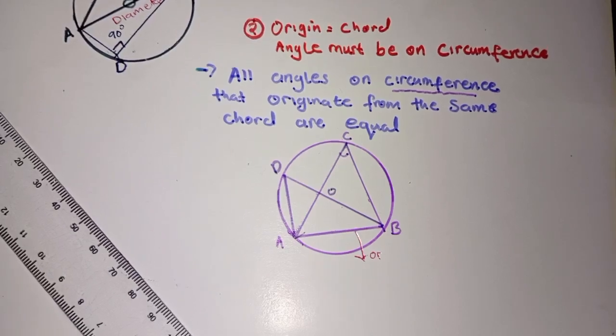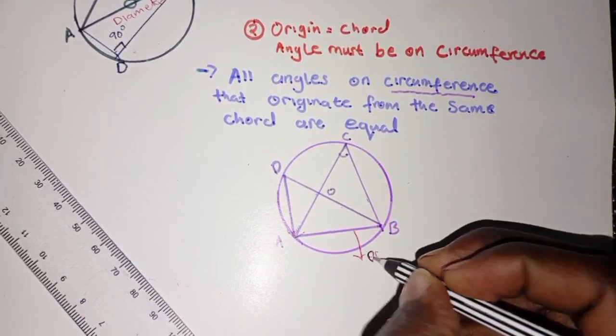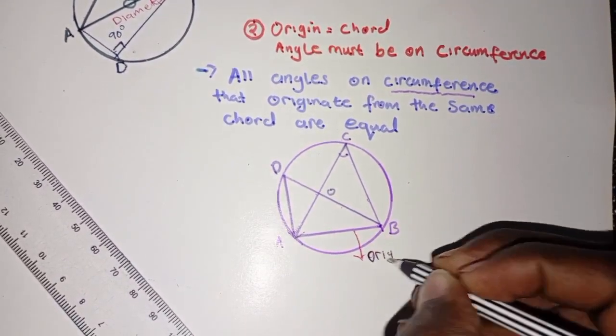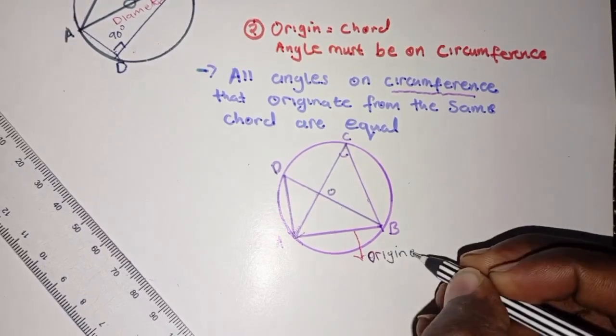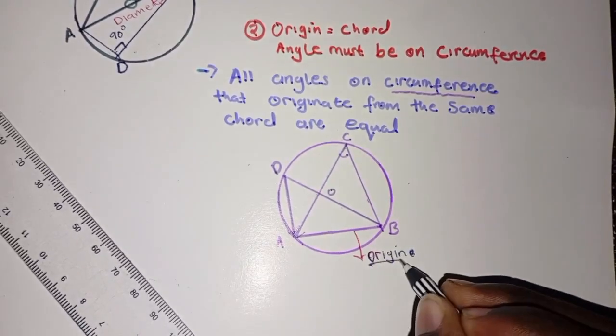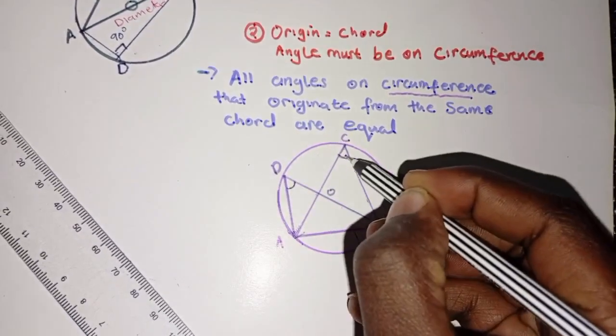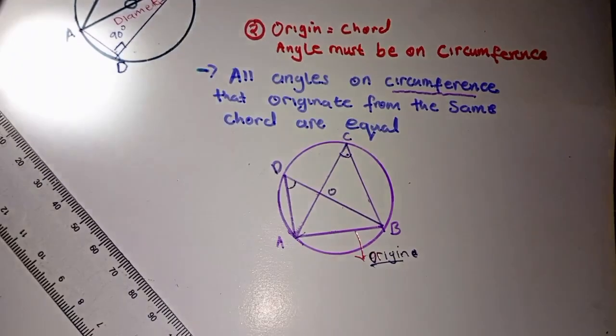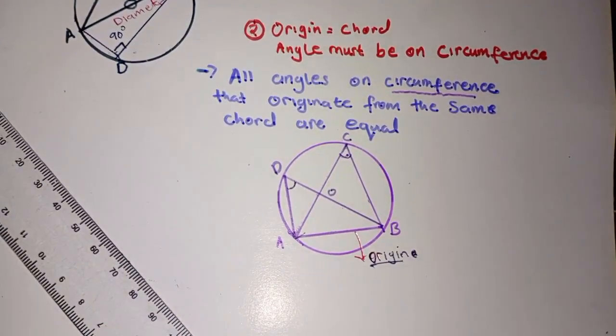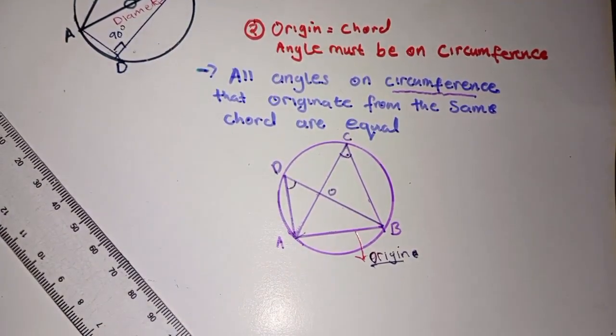So we were saying that this one here is the origin, and it has raised two angles, this one here and this one here. Now it can also raise another angle.